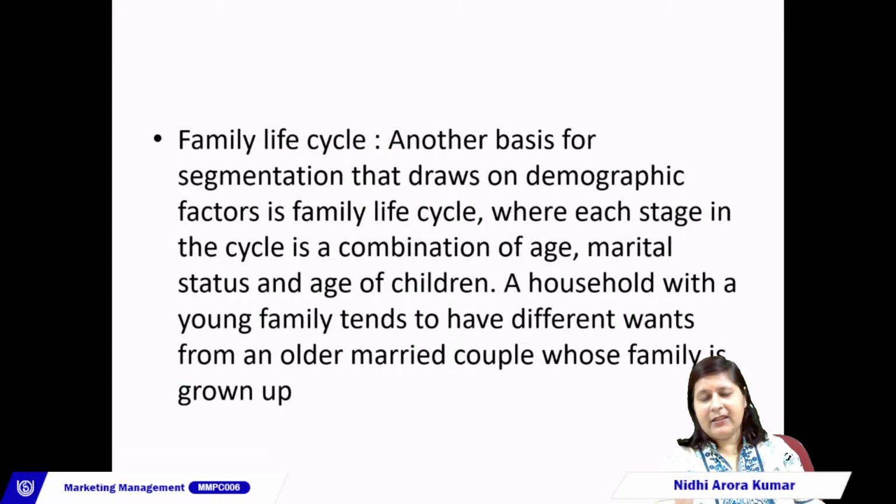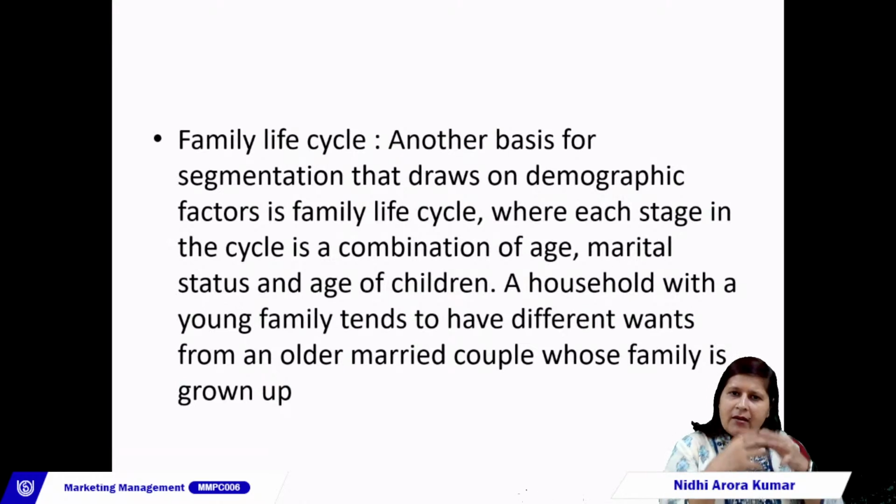Family life cycle: you can divide the market on the basis of the family life cycle. What is family life cycle? It is where each stage in the cycle is a combination of age, marital status, and the age of the children. A household with a young family tends to have different wants from an older married couple whose family is grown up.